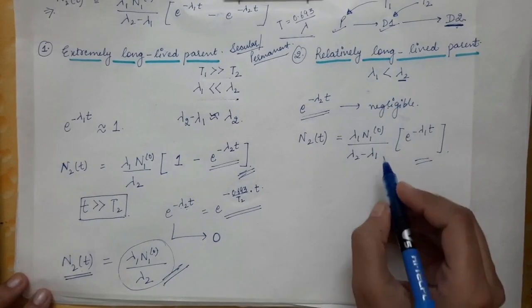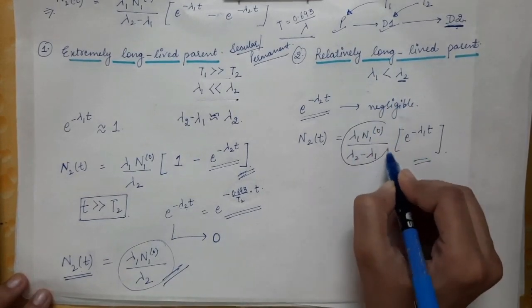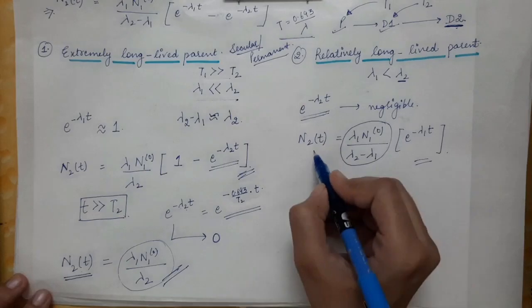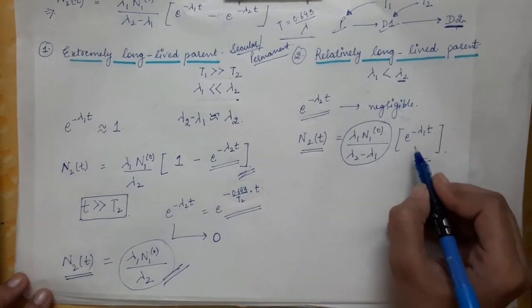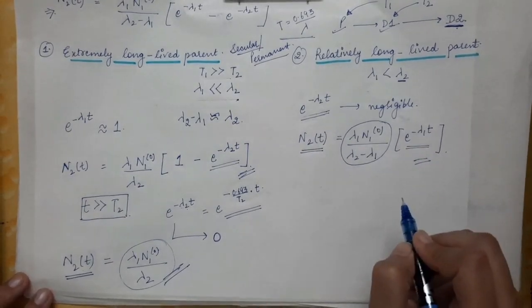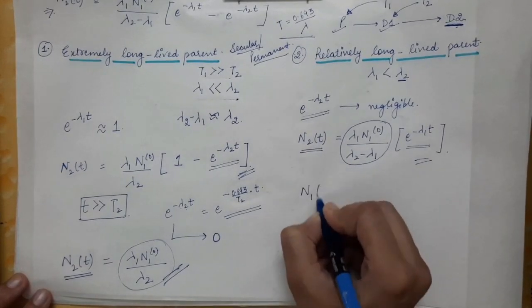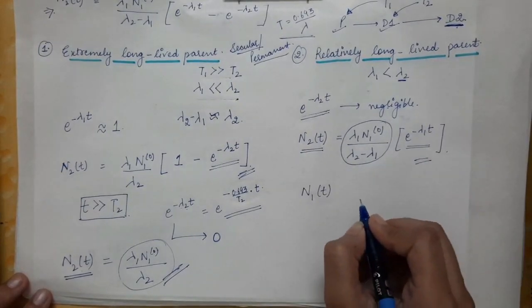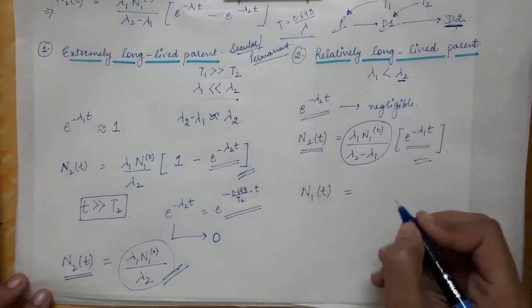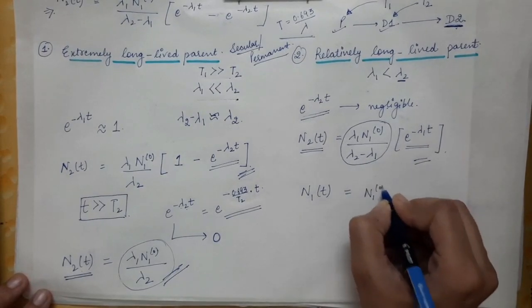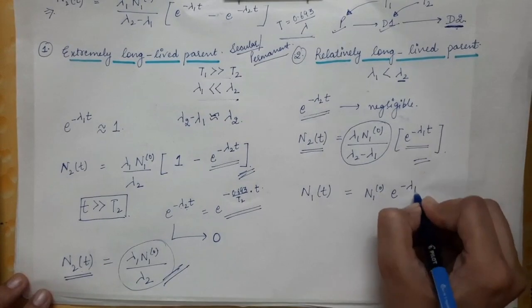And you can see over here, this factor is completely constant. So the daughter nuclei decay exponentially. As we saw at the start of the lecture, N1 t, the number of parent nuclei left in the sample, is equal to N10 into e power minus lambda 1 t.